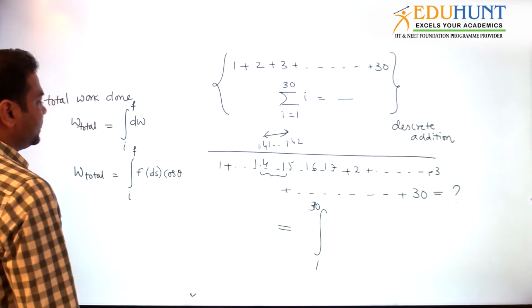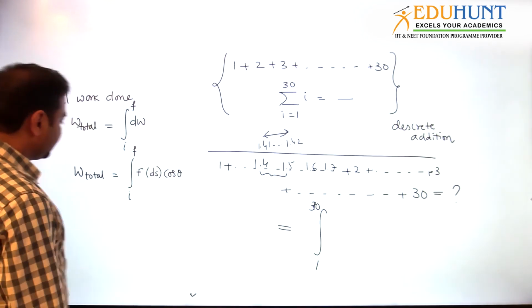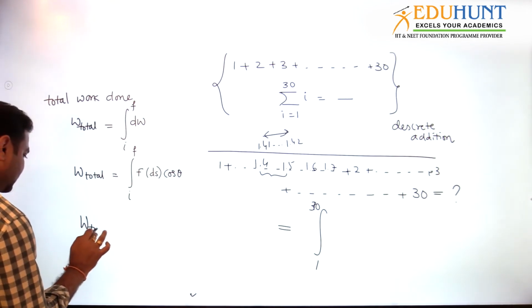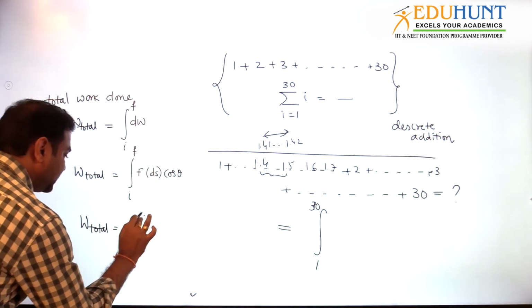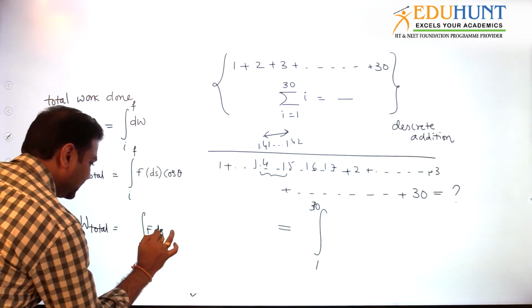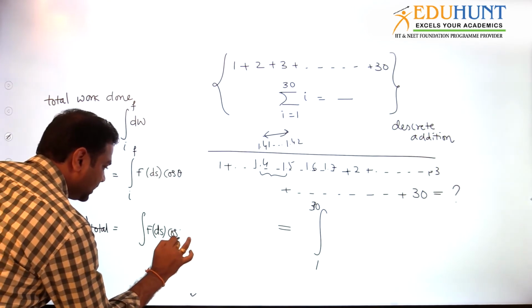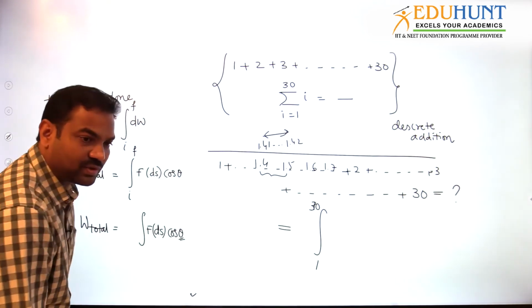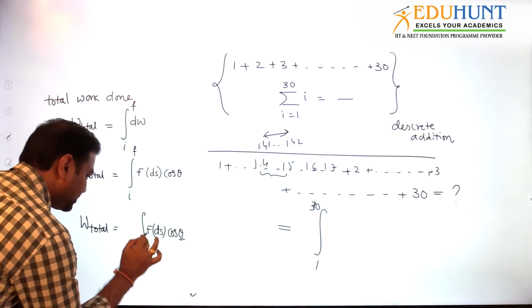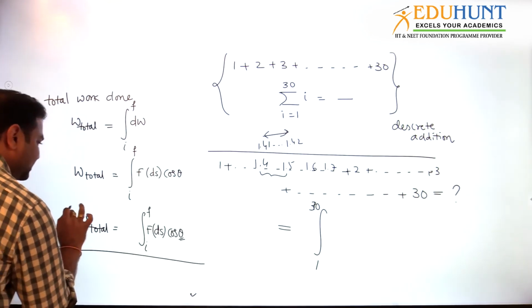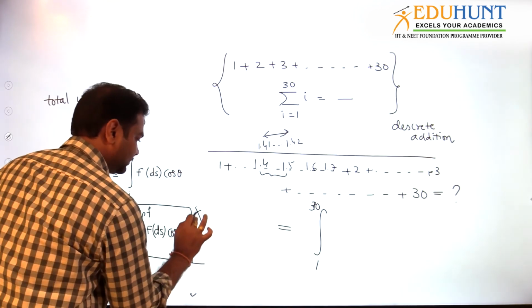So total work done is the integral of f into ds, ds is the small displacement, cos theta, theta is the angle between the force vector and displacement vector, initial limits to final limits. So this is the formula you can apply anywhere.